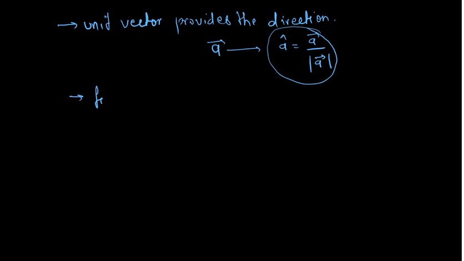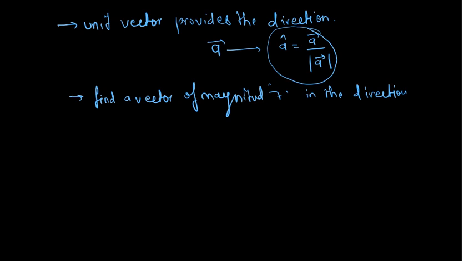We have to find a vector of magnitude, let's suppose 7, in the direction of a vector, and vector a has been given as i plus j minus k.